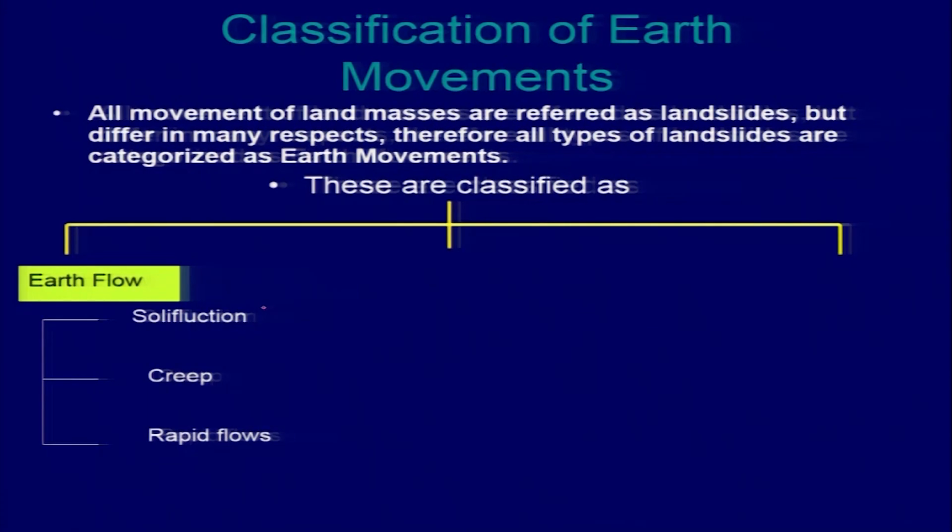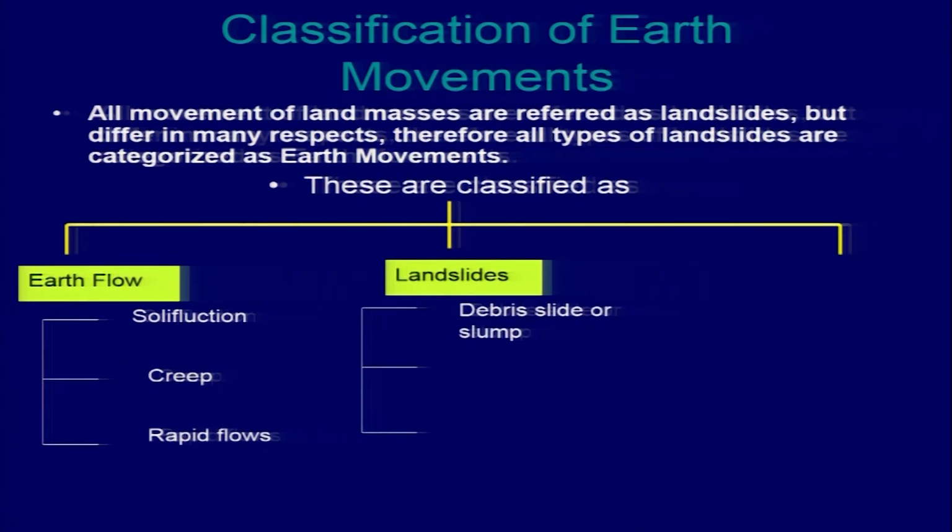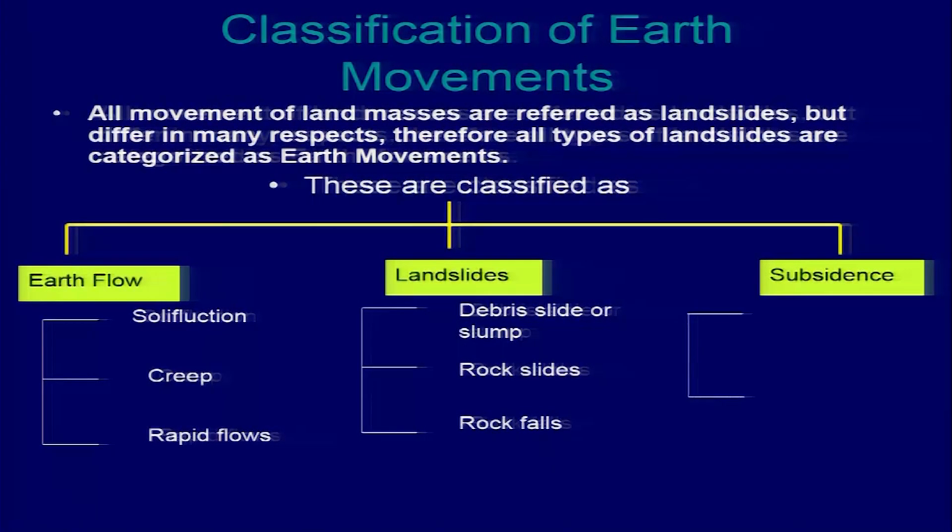So this again depends on what velocity or speed they will move, and where this type of movement will occur. And then coming to the landslide, we have debris slide or slump, rock slide, rock falls, subsidence, where we have plastic flow and collapse.